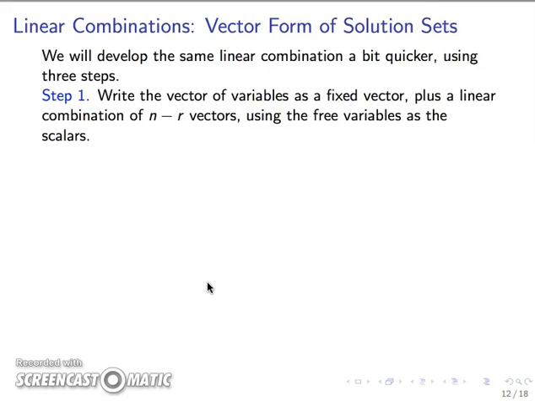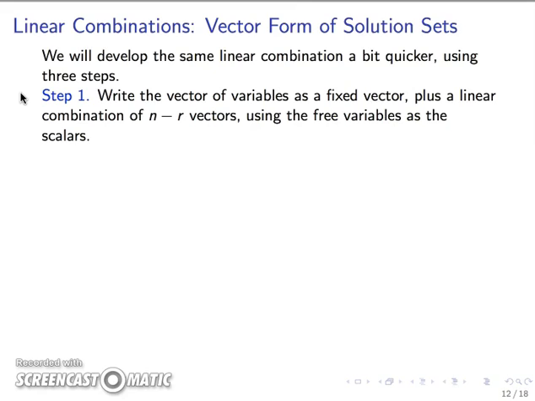So what we want to do now is to outline an algorithm, a method that we can apply to any solution set of any system of equations. So the method would be step 1, write the vector of variables as a fixed vector.